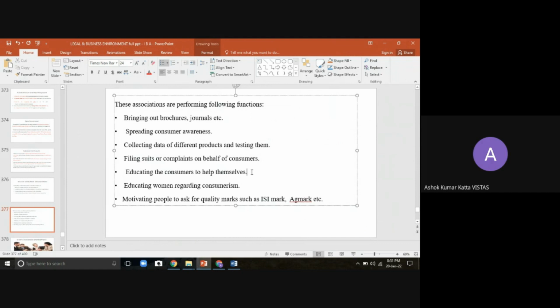Then next, last but one, educating women regarding consumerism. Because mostly the men would buy the products and hand them over to the woman for regular usage or preparation for the family. But now the current scenario has completely changed. There is no separation of work.